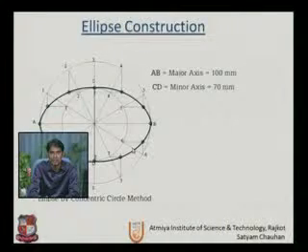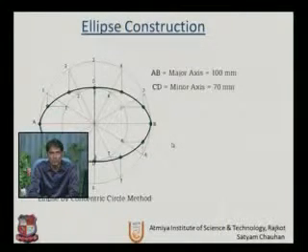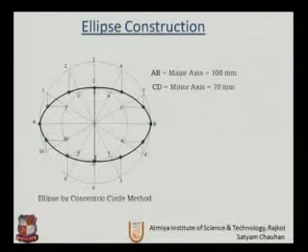Let's see the next one: how to create an ellipse by the use of two concentric circles. Our first problem is to create the ellipse, and the given data is that we have two circles, one smaller and one larger.